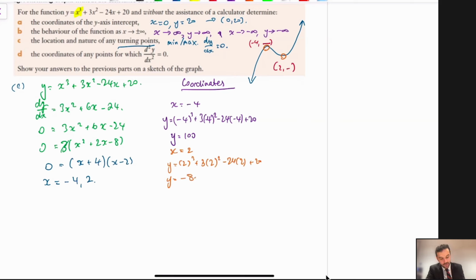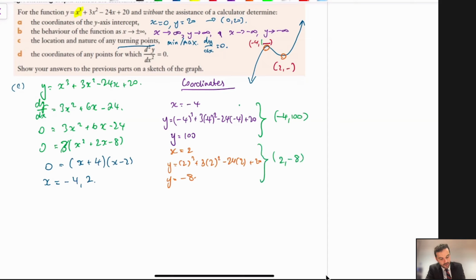So now we've got both our coordinates: this coordinate here, which turns out to be negative 4, 100, and this coordinate here, which turns out to be 2, negative 8. So we can put that in there. Now we've got where our turning points are.